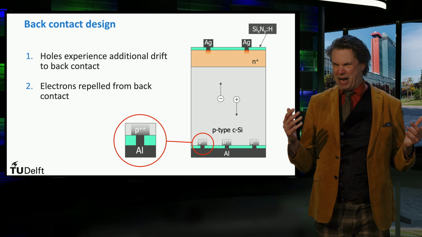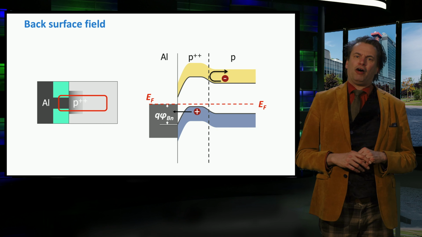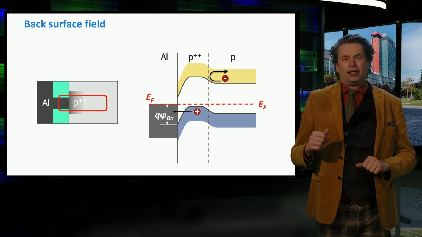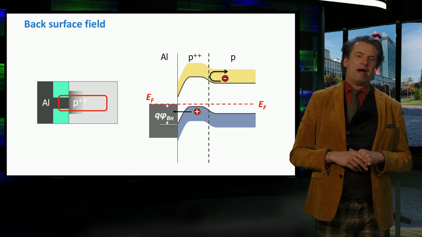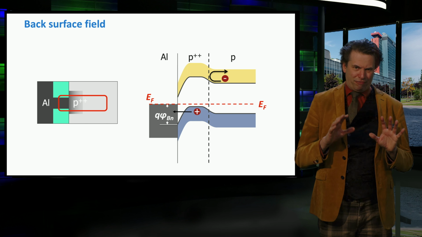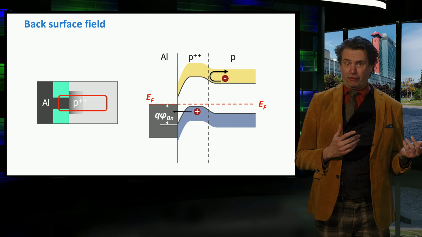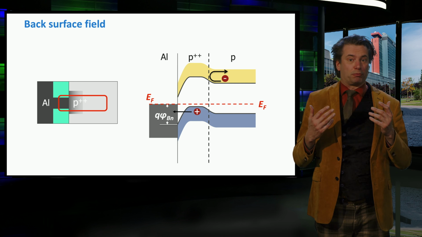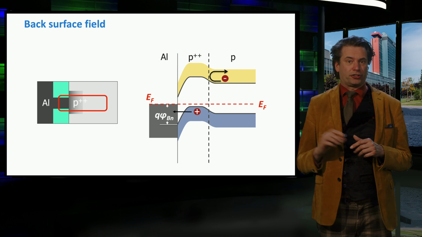How does the back surface field work? For the moment we have put the back contact structure on its side. Next to the contact you see the band diagram indicating the various interfaces. The interface between the lower doped P region and the higher doped P++ region acts like a PN junction.